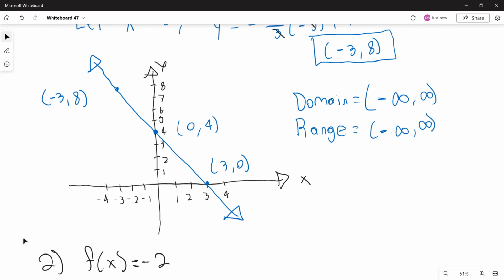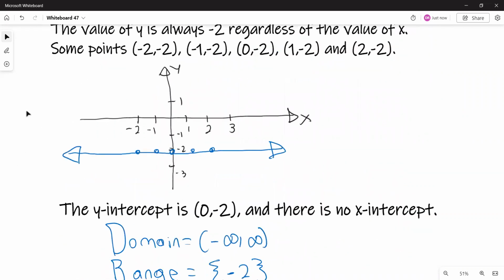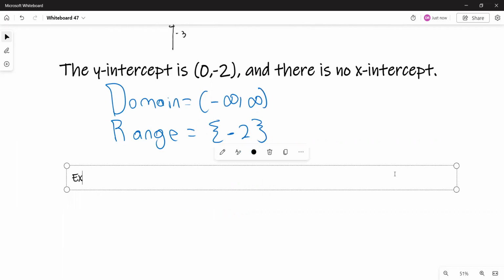And number 3. This one is not going to be a function. So I'm going to write this as a separate example.